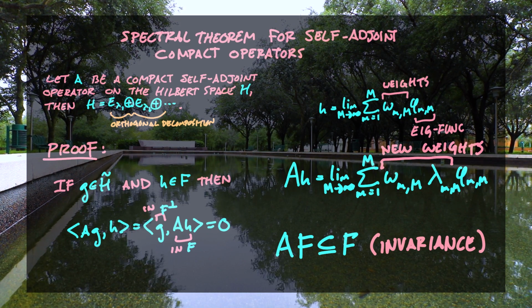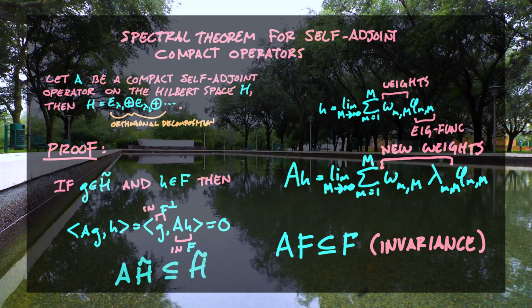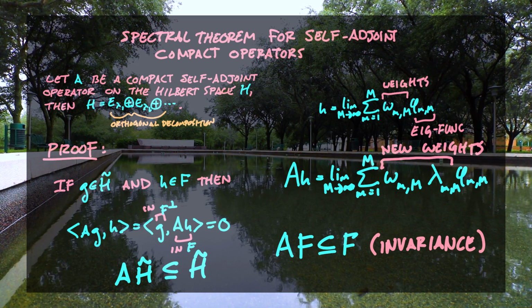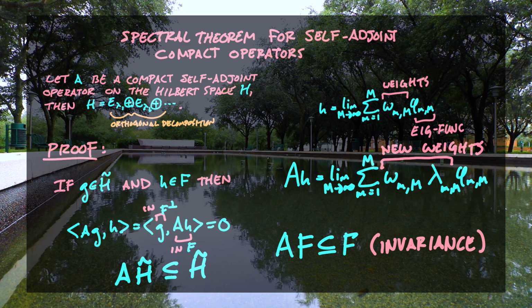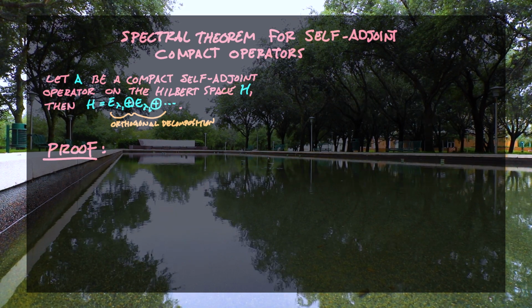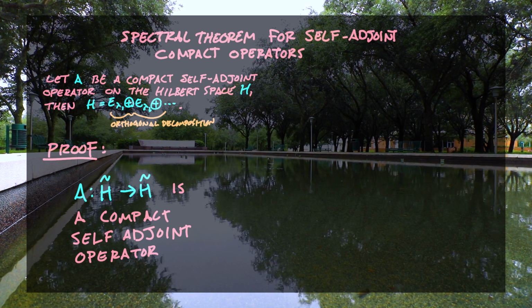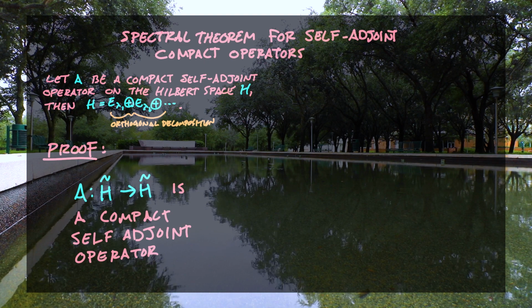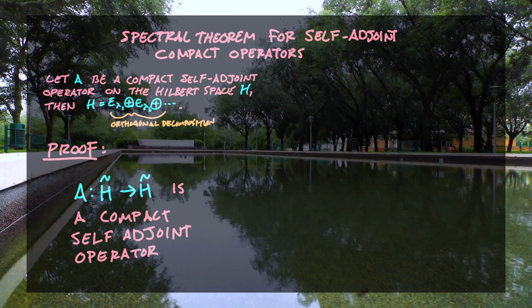What does that mean? This means that if we restrict A to H tilde, then the image of H tilde under A is going to be H tilde again, or at least contained in H tilde. And so A is a compact operator from H tilde to itself. Now, keep in mind, H tilde can't have any eigenfunctions, because if it did, that eigenfunction should have been in F to begin with.